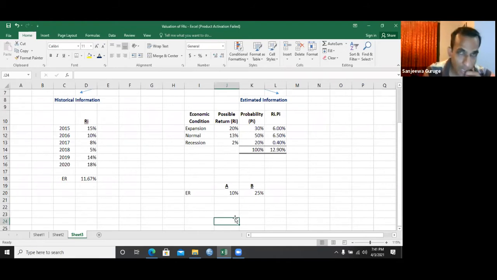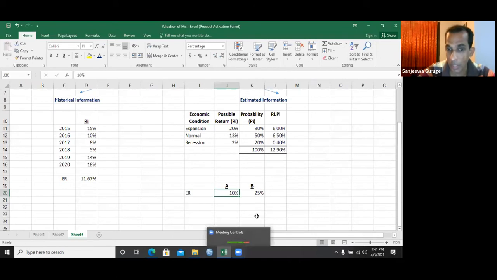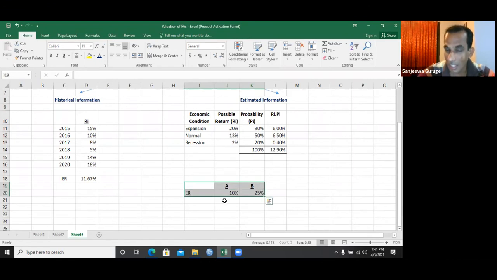For example, if these are deposit rates, this is the deposit rate of Sampath Bank and this is the deposit rate of Shakti, so you prefer to invest here, right? So we can't decide just by looking at the return.